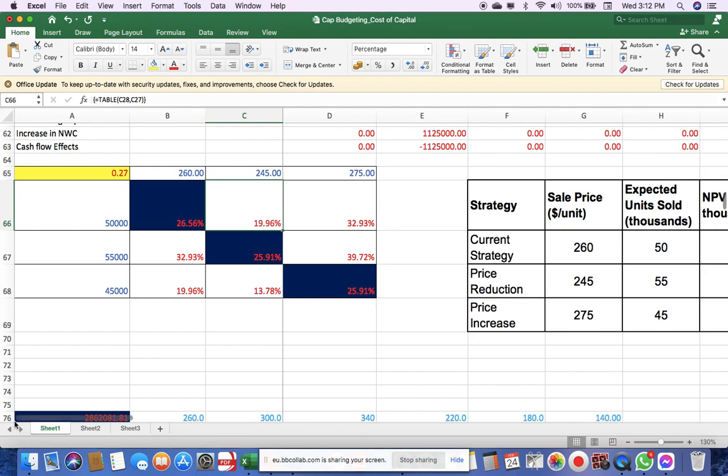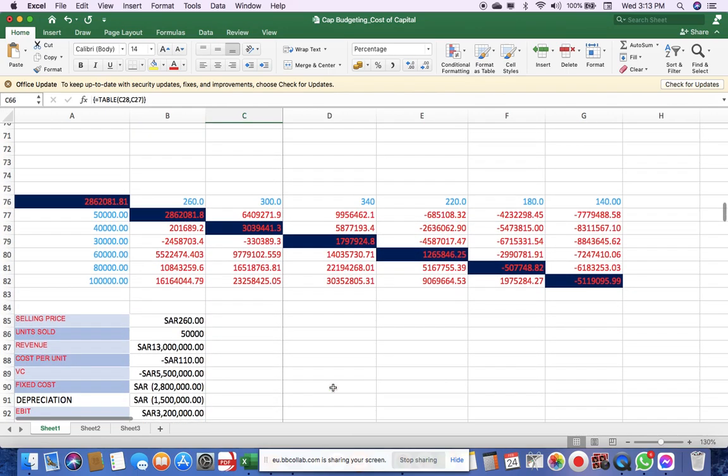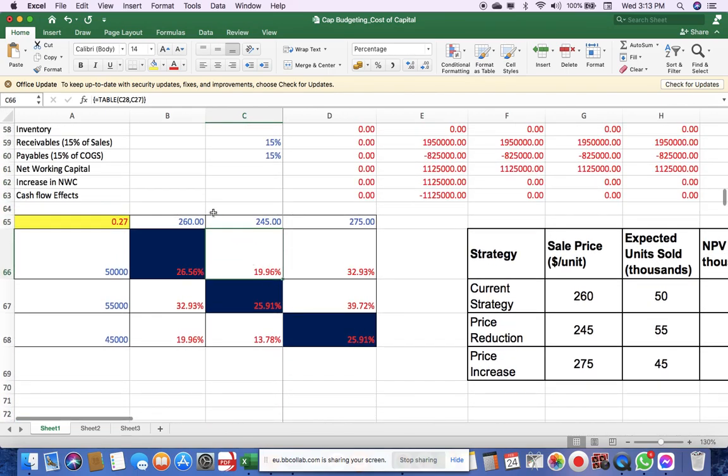It is not only the selling price and cost price. It is not only the selling price and the number of units. It is not only the NPV. You can calculate IRR also. You can calculate the payback period also. You can calculate the discounted payback period also, in all these scenarios. And it is not only the three combinations. I increased the combinations here. Let me explain.